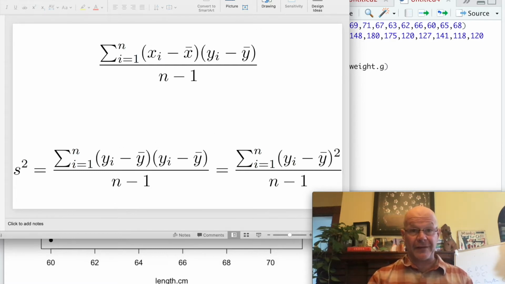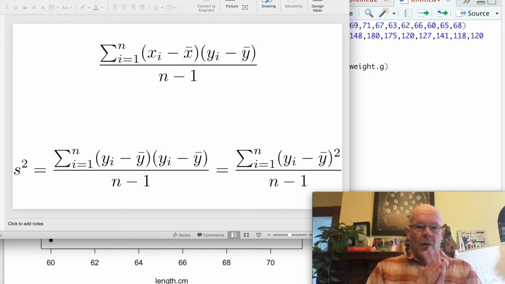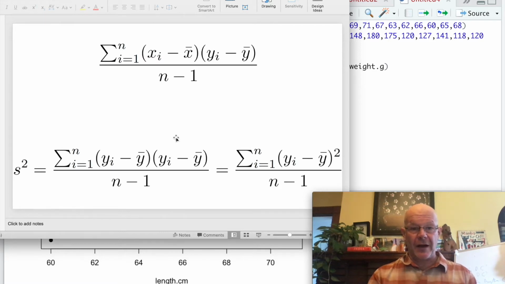We have both an X and a Y. And so you can see that one outcome of how this arithmetic is working out is that, unlike variance, where we took the sum of the squares of all of these, which meant that variance was always going to be a positive number, the average amount of spread squared around your central location, here with covariation you could easily end up with a negative value.